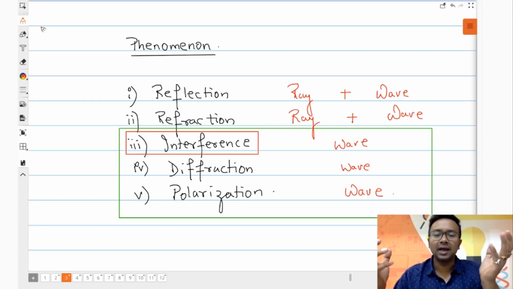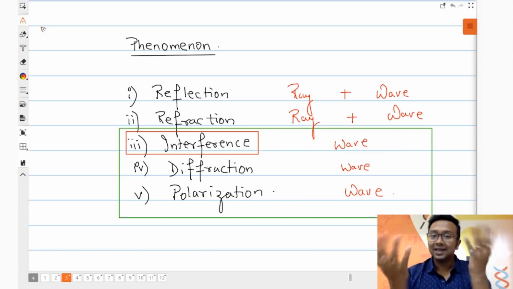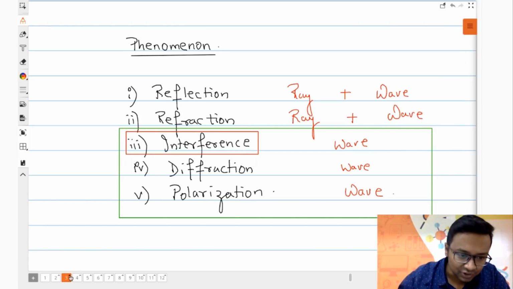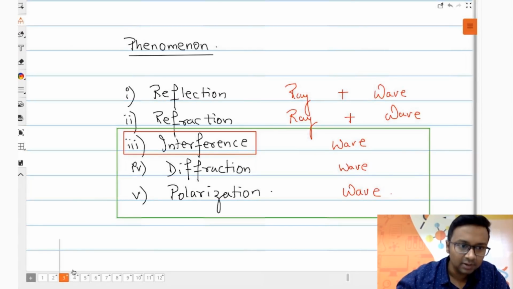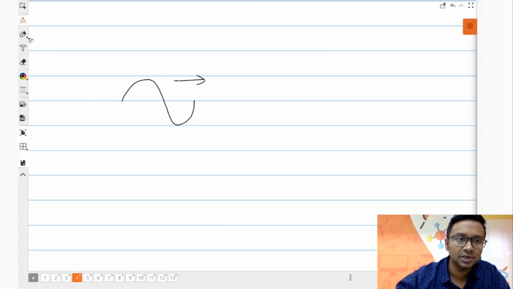But I would want you to know, interference is like when we have got one wave and we have got another wave coming from two different sides, then certain things happen. Let's say, for example, let's just give you the understanding here. Say I have got a wave traveling in this particular direction.